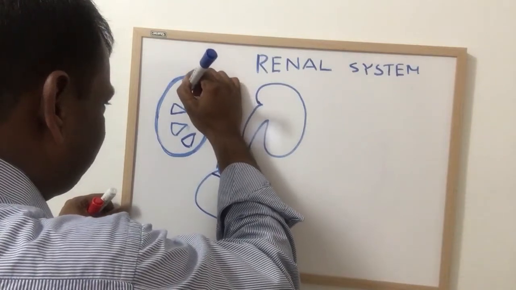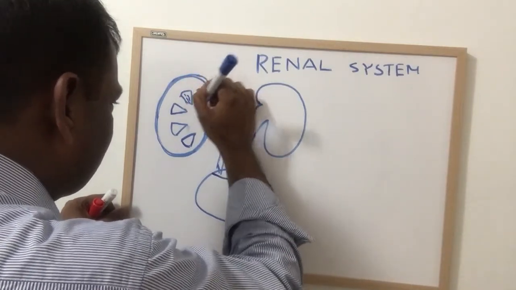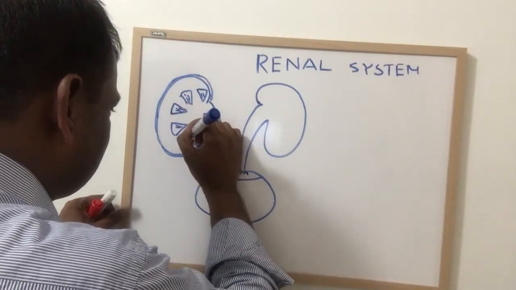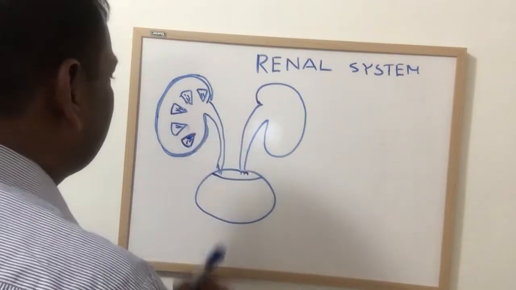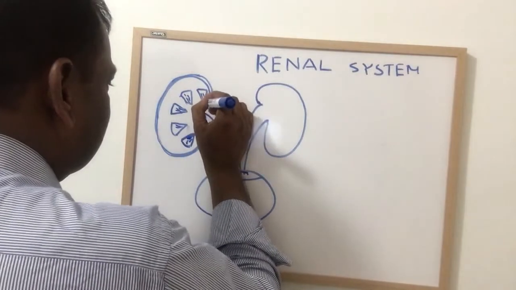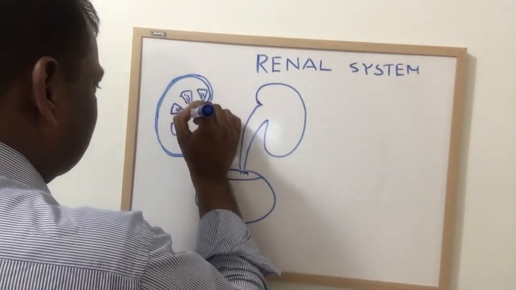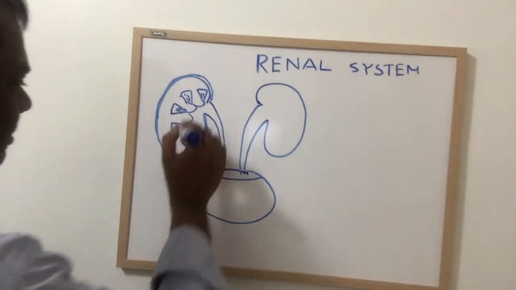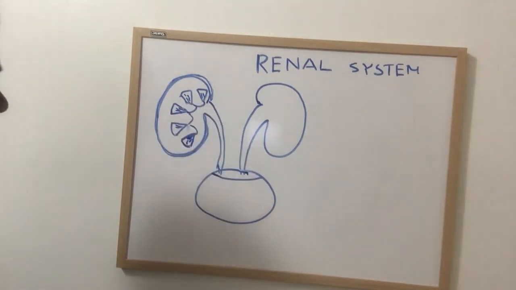There is some duct here, a papillary shaped duct. This is called the calyx or calyces.